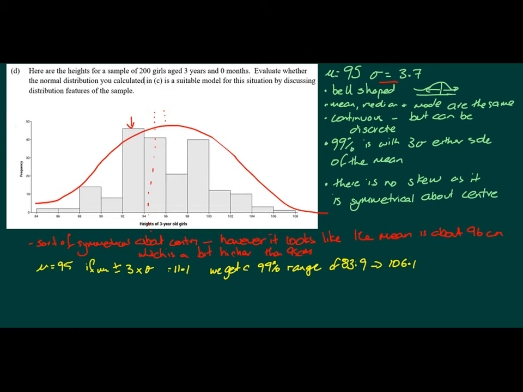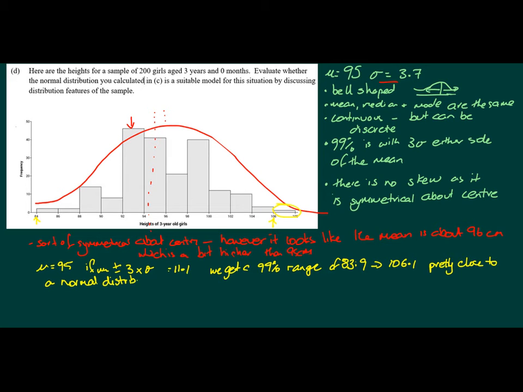So if we go on to the graph, here's 106 and 83.9 is 84. Apart from this set of data here, which looks like one value out of 200, that's pretty close to a normal distribution.